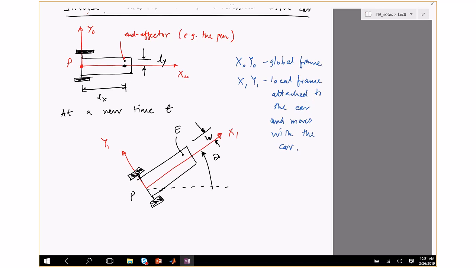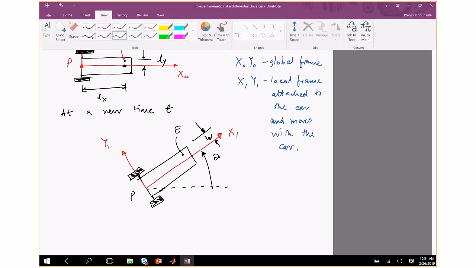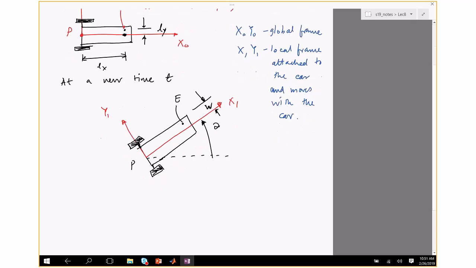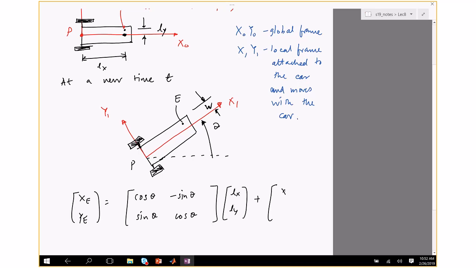Okay, now a little bit of what we've learned for rotation matrices. Since I'm trying to keep track of E in the global frame, I can write xe, ye, using some of the things we've done so far in the course. So I claim that xe, ye is cosine theta, minus sine theta, sine theta, cosine theta, times Lx, Ly, plus x, y.